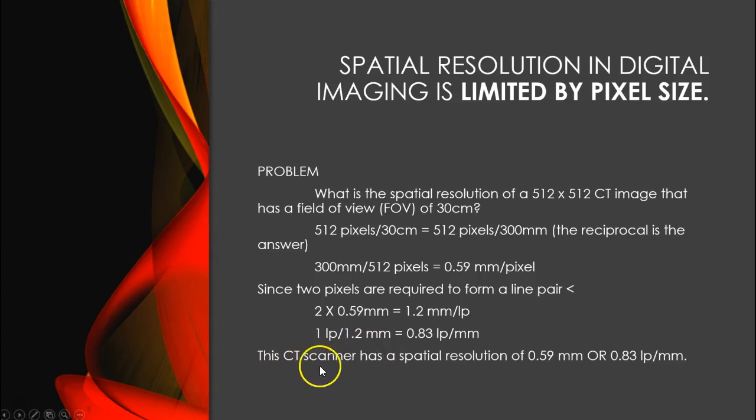Okay, this CT scanner has a spatial resolution of 0.59 millimeters right here. So that's the smallest size of the object that you'd be able to see, or 0.83 line pairs per millimeter if we're using the units for resolution.